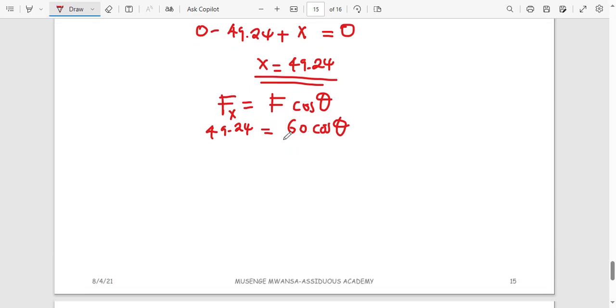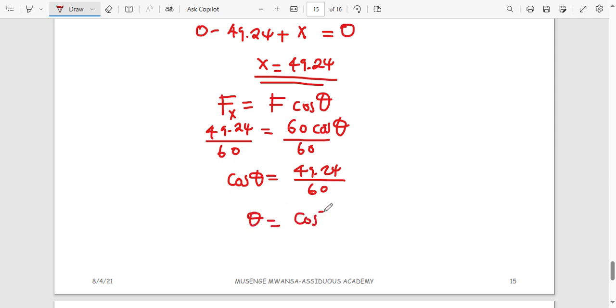So at this point, I'm going to divide both sides by 60. So we remain with cos theta equal to 49.24 divided by 60. For me to find theta, I'll take the inverse cosine.